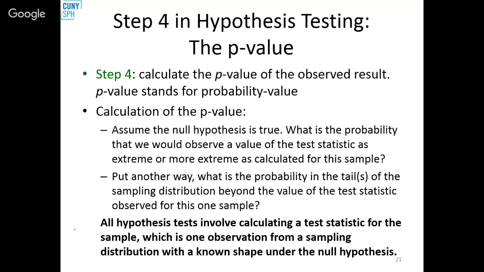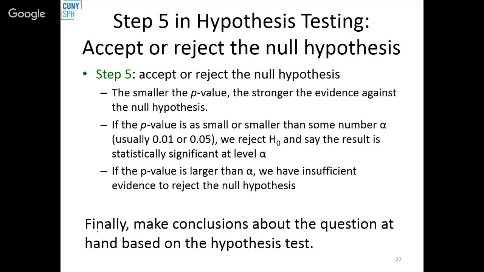And as I mentioned, all hypothesis tests go through essentially this process of calculating a test statistic for the sample and then comparing that to a hypothesized distribution under your null hypothesis and calculating the probability of what you observed under the null hypothesis. And then based on that probability, if it's a fairly large probability of what you observed, then you consider it to be consistent with the null hypothesis and you accept the null hypothesis.